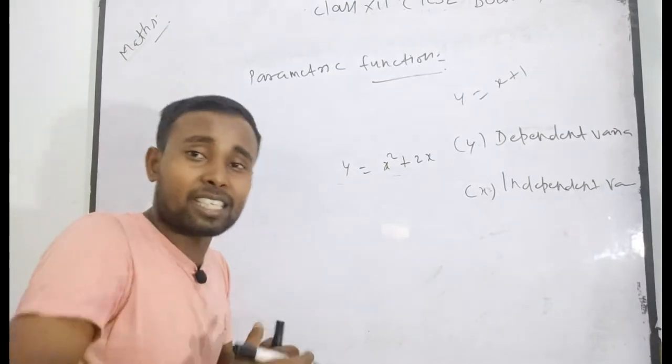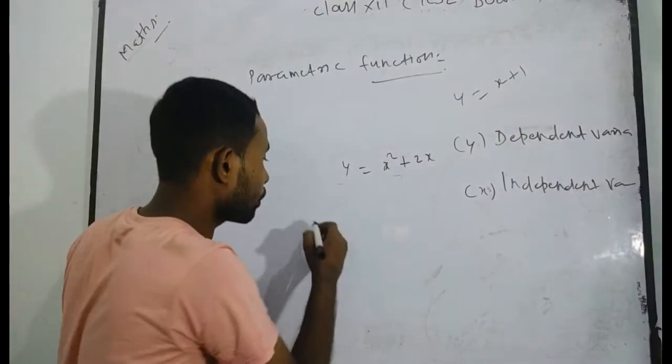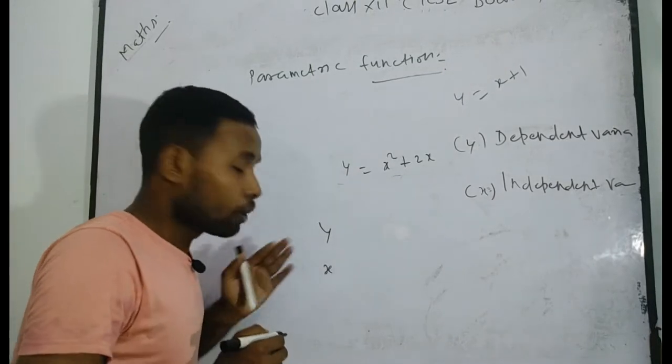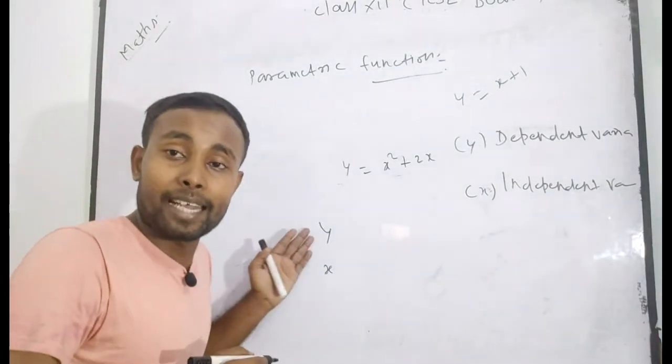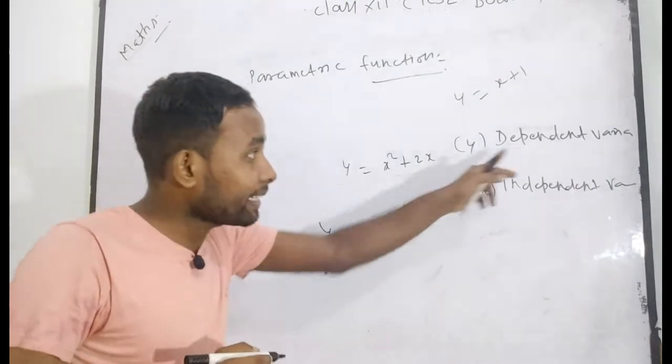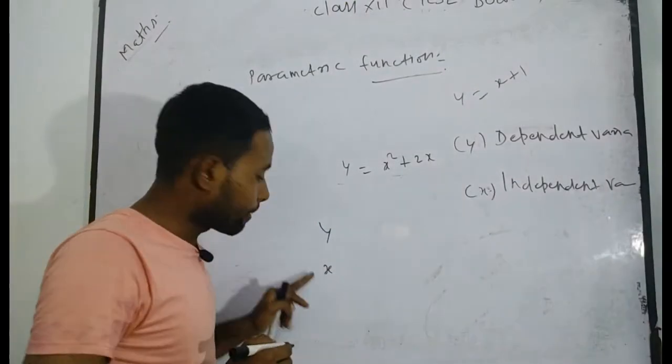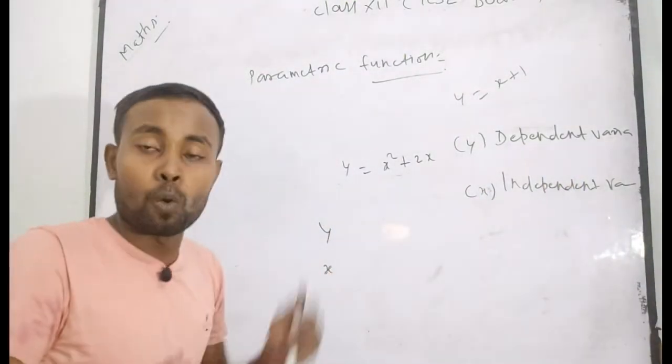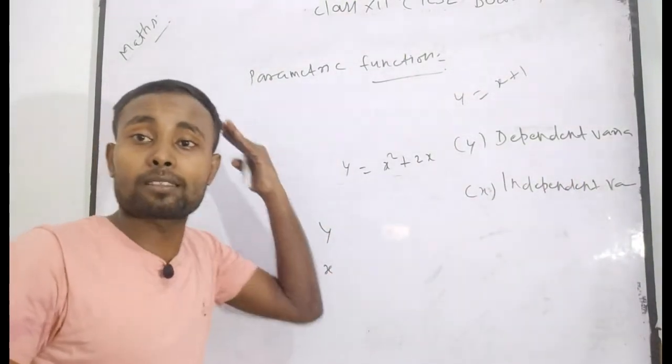In the parametric case, two variables, y and x, are taken as dependent variables, which depend on a third variable.